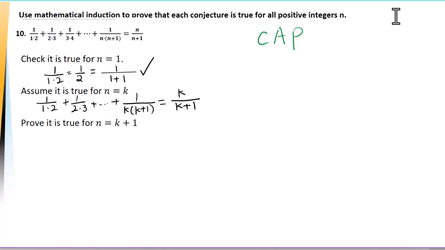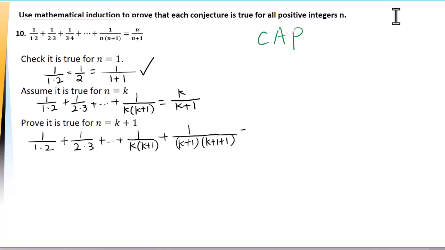Prove it is true for n equals k plus 1. We just need to add the k plus 1th term on the left side, and then change every single k into k plus 1 on the right side. 1 over 1 times 2 plus 1 over 2 times 3 plus ... plus 1 over k times k plus 1 plus 1 over k plus 1 times k plus 1 plus 1 equals, changing every k into k plus 1 on the right side, k plus 1 over k plus 1 plus 1.